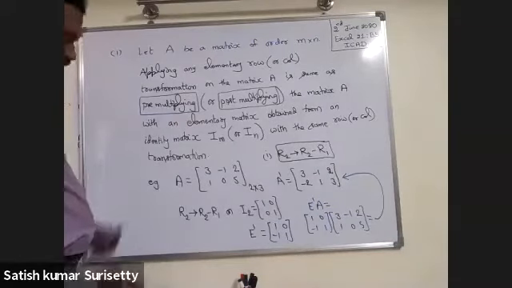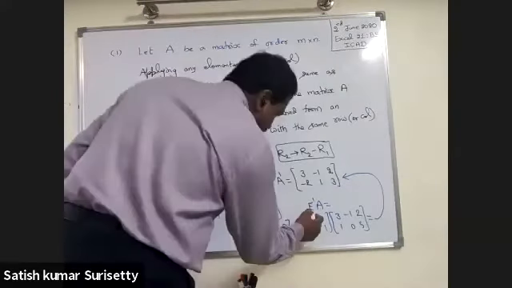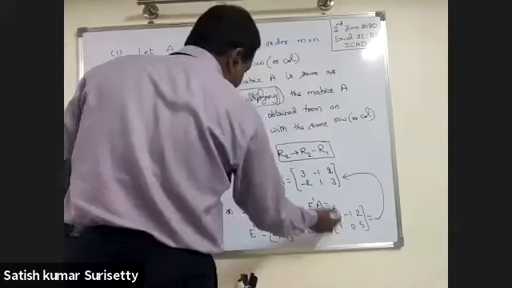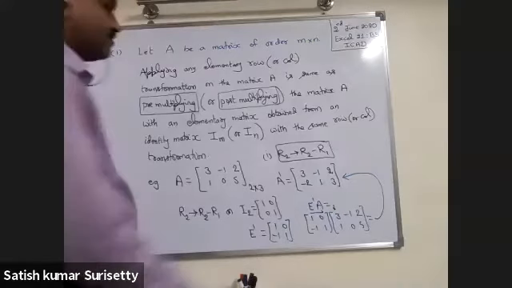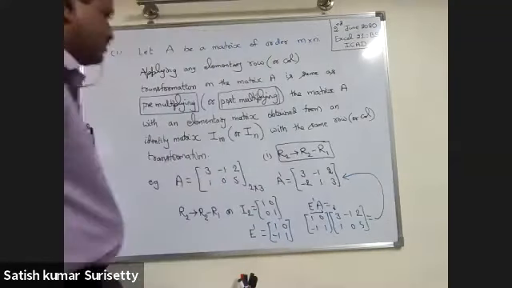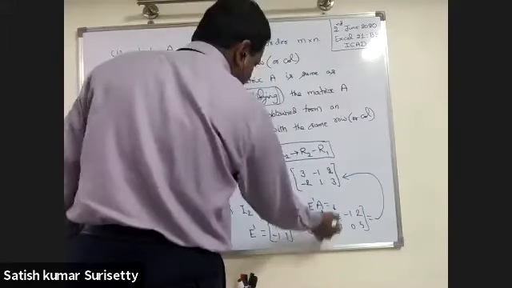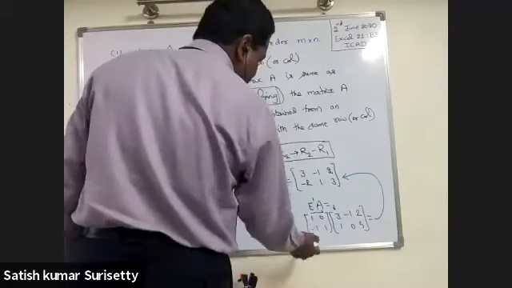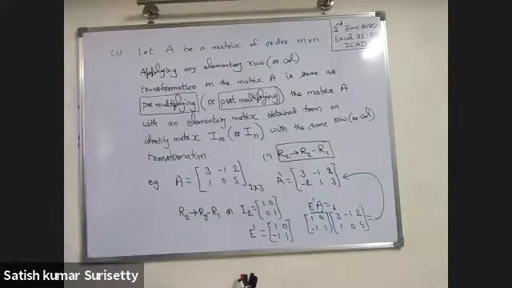So how do you multiply? Row with a column. First row with first column: 3, -1, 2. First row same only. Check the second row with first column: -3 plus 1, so -2; 1; -2 plus 5, 3. Are you getting the same?